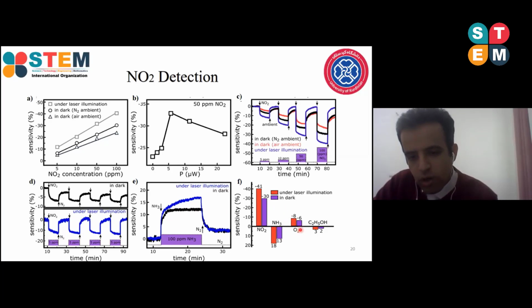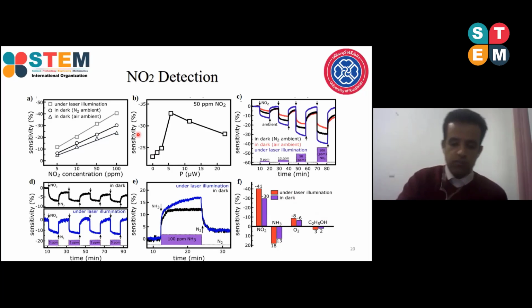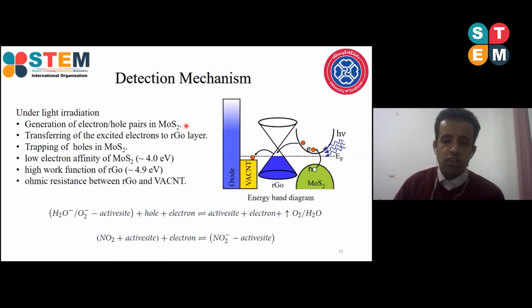Also for 2 other gases, oxygen and ethanol, we check our sensor both under laser illumination and in dark condition, and we see that in all cases the higher sensitivity is achievable under laser illumination. So let's talk about the detection mechanism of this sensor.